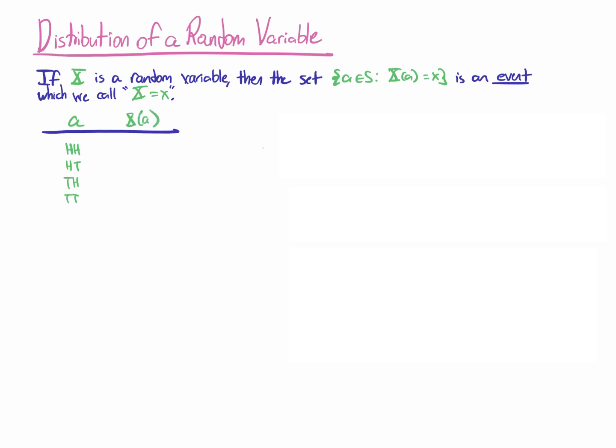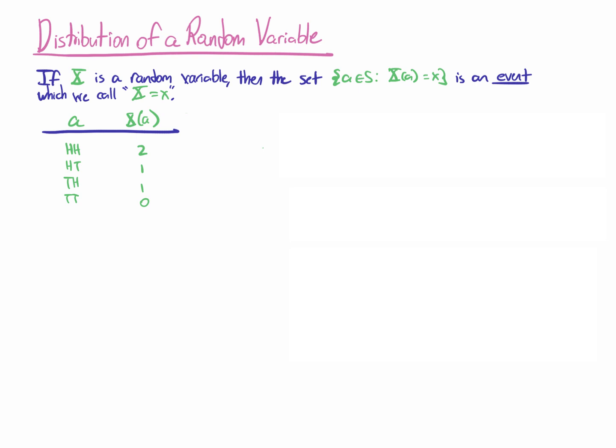So my random variable X here is the number of heads, and I have 2, 1, 1, 0 in each of those cases. So what we're going to do now is say, hey, if I have some event that corresponds to X having some specific value, I can ask myself what the probability is of that event.